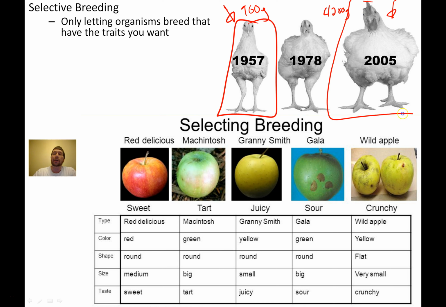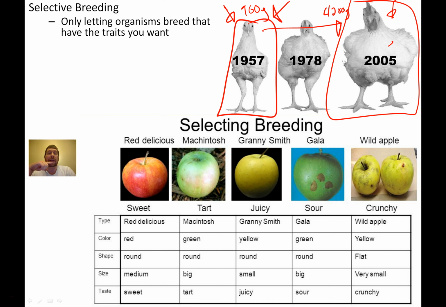We want this guy that's got these large breasts that are just delicious to eat, and off we go from there. And so this guy today would not be allowed to breed, and we would only allow the chickens that have the largest size to mate. And if you carry that out for 50 years, you can see the progression. By only letting the largest animals mate for 50 years, we've eventually made a much, much, much larger chicken.